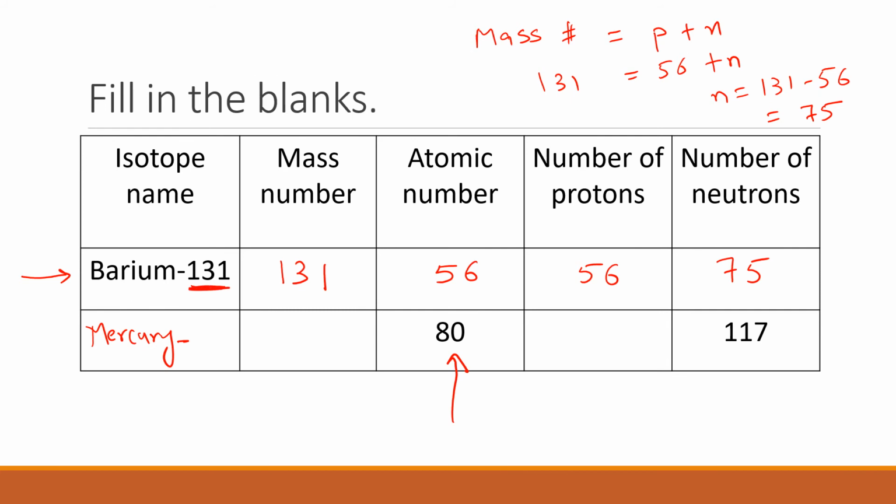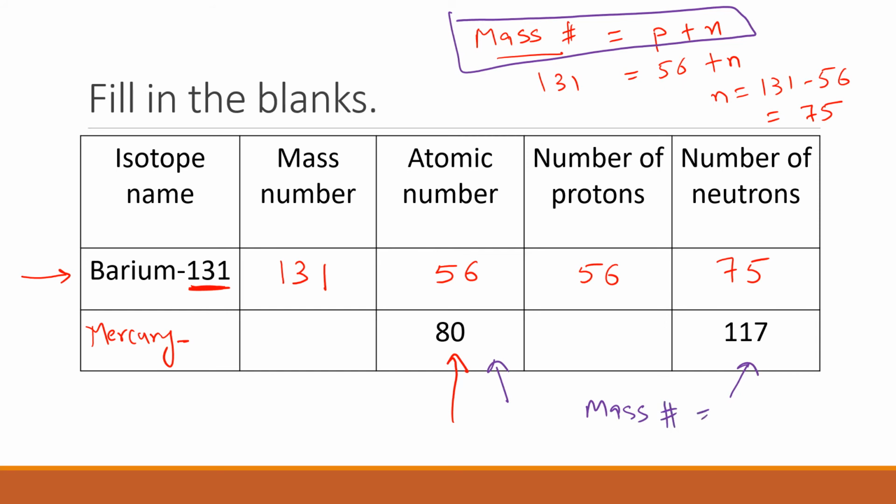We need to find the mass number, and we know the mass number equals the number of protons plus the number of neutrons. We know the number of protons, we know the number of neutrons, therefore the mass number is 80 plus 117. So this comes out to be 197.